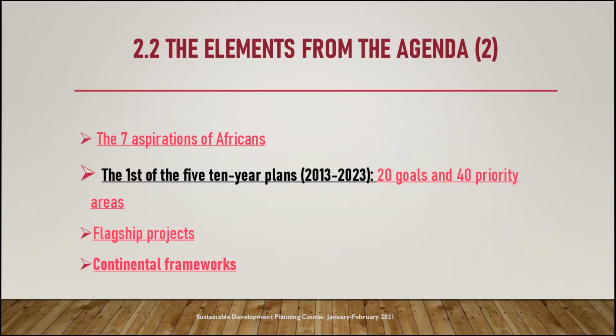The first one covers the period 2013 to 2023, which comprises 20 goals and 40 priority areas. There are also some flagship projects that can be seen also by opening the hyperlink, and the continental frameworks.